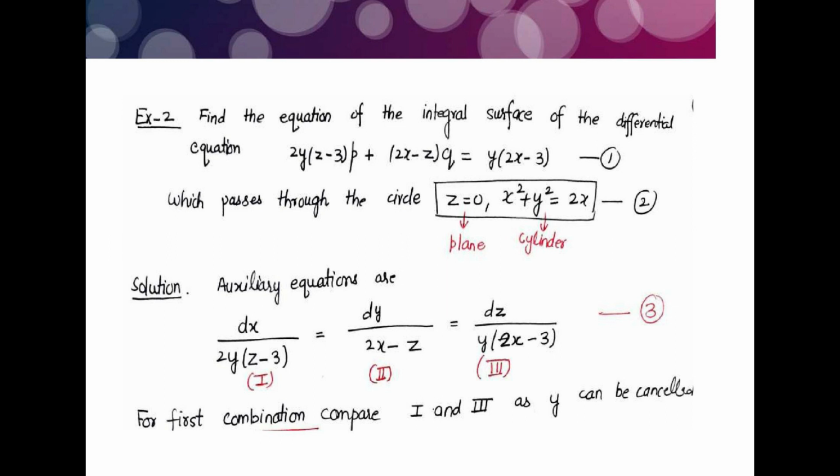Now we have to look for combinations. Try to find a combination in which we have just two variables. See the first and the third terms, dx and dz. In the denominator, y is appearing, so we can cancel y and we just have x and z, and we can easily integrate that.